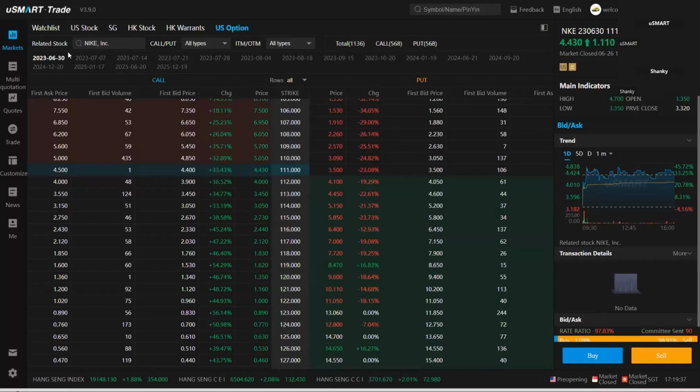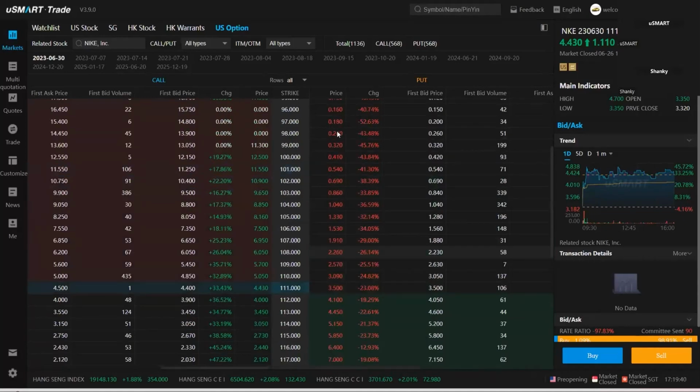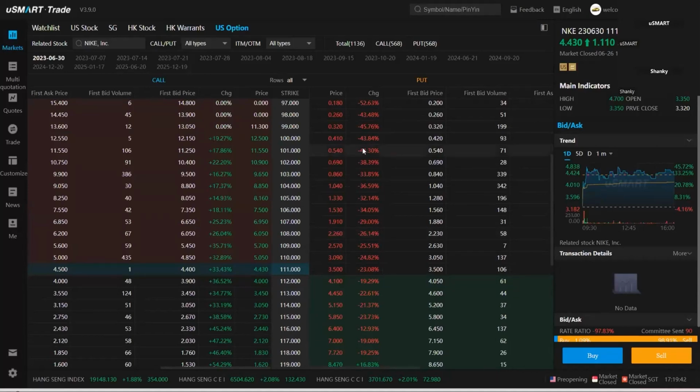And then the strike price to watch out for is on the put side. On the put side it is the 101 put, that is around 0.540. So you have to buy the 101 put at around 0.540.